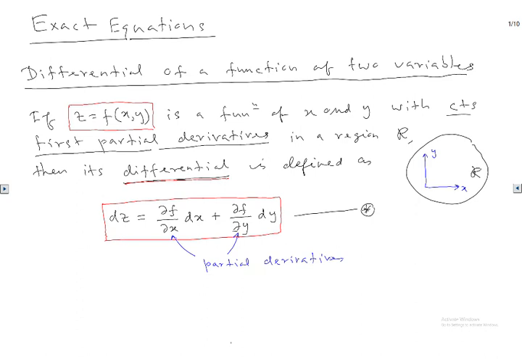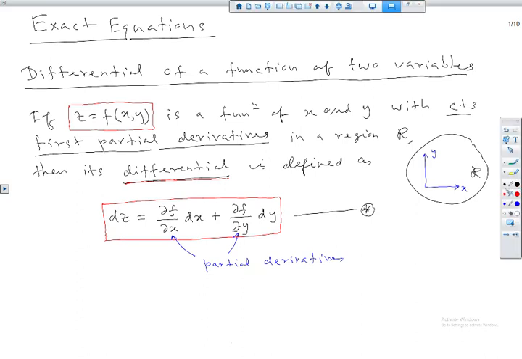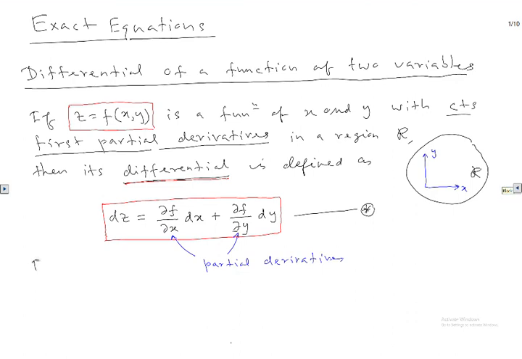Now let's see what's going to happen in a special situation. Let's say the function f(x, y) is a constant. This is a very special case. Then the differential, the change in the z function, is 0.